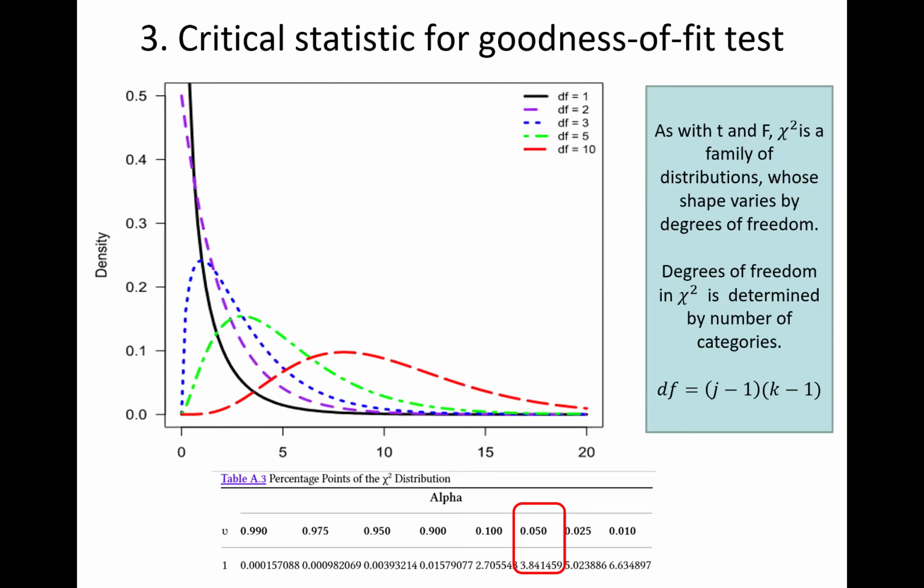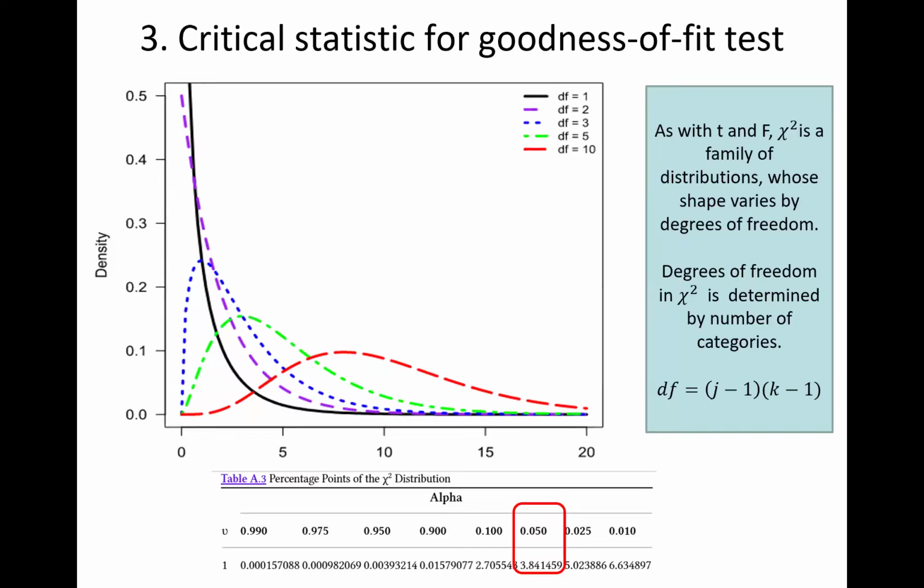So degrees of freedom for the test of independence is the product of the two group sizes minus one each. Okay, so the degrees of freedom for each group. In this case, we can only use J once, so we're going to use J for the number of categories in the first group and K for the number of categories in the second group.